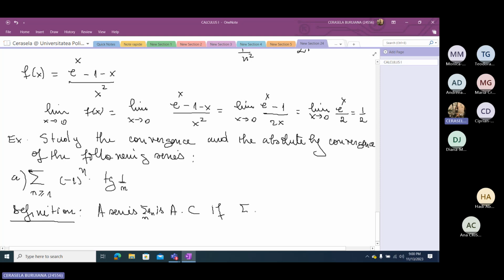Who remembers? The series having the module of the general term is convergent. Yes, the series whose general term is exactly the module of the first one is convergent. All right.